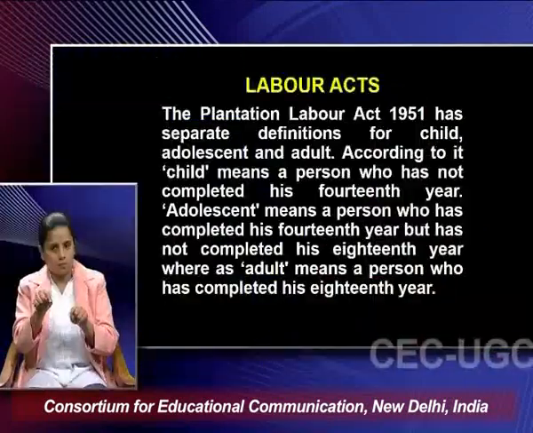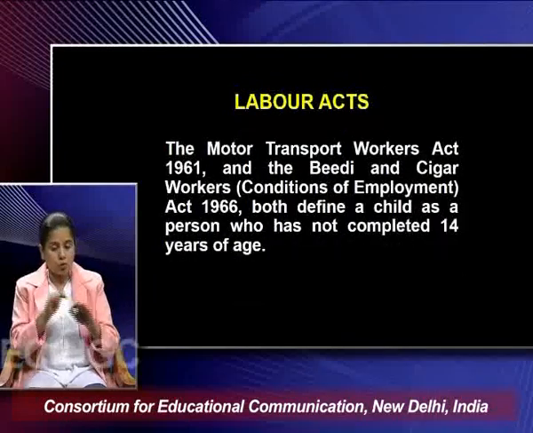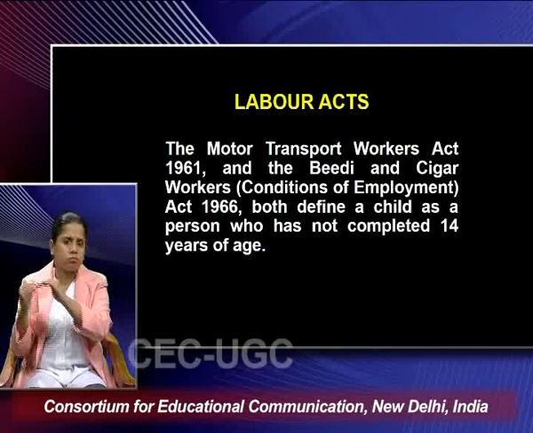So, there have been people who are saying, look, to protect against child labour, we have to change it and have a uniform act. Likewise, you may have a different definition for transport workers or bidi and cigar workers, that they may have a different category of who is a child. So, the demand by people is that people between 14 and 18, all of them should be included within the category child.